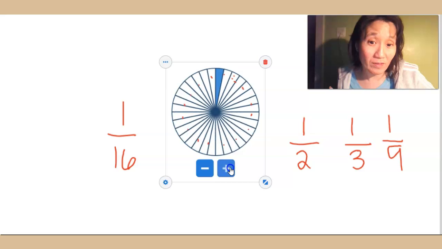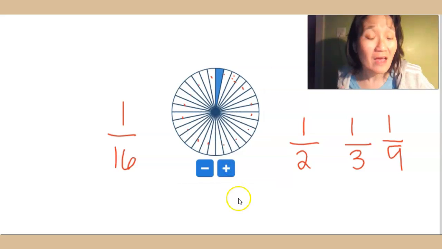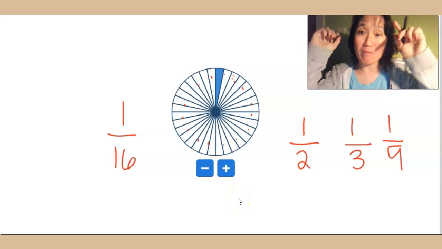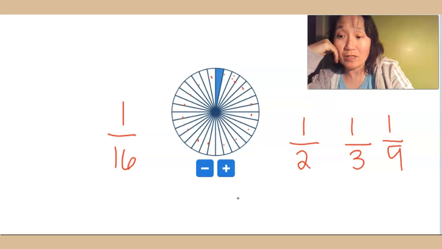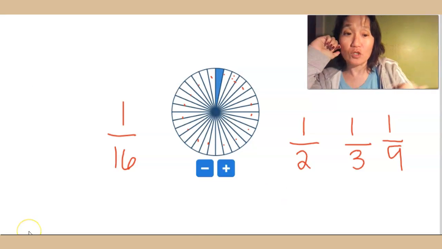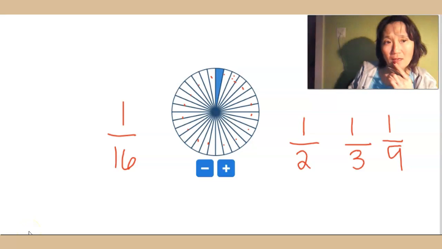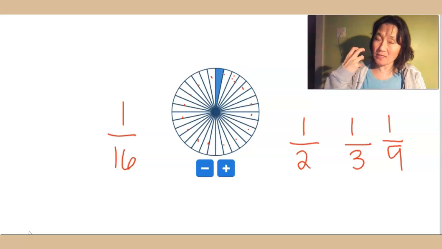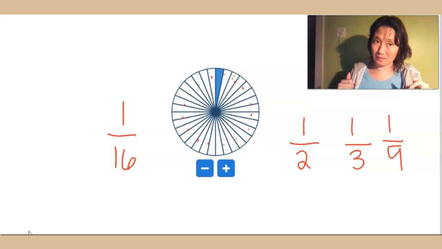Look, oh, here's even more friends. Look how tiny my piece is now. Okay, that's what happens. So when you have numerators that match on top, then look at the denominator and think, how many people did I invite to my party? Because my denominator will tell you how big my piece is.